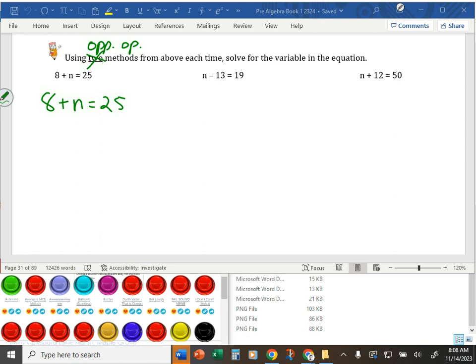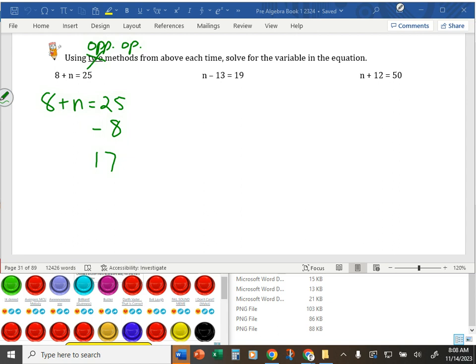Right? Now, as people have said, well, all you need to do is subtract 8 from 25. Because you subtract 8 from 25, that gives you 17. That gives you the difference between 8 and 25, meaning if you add 17 to 8, 25 will be your final answer. Right?